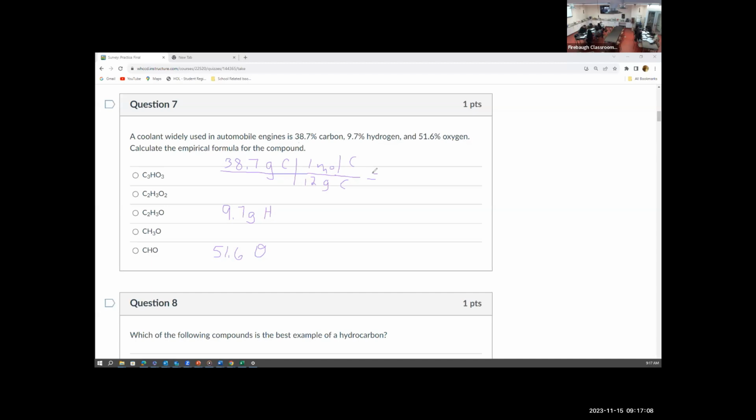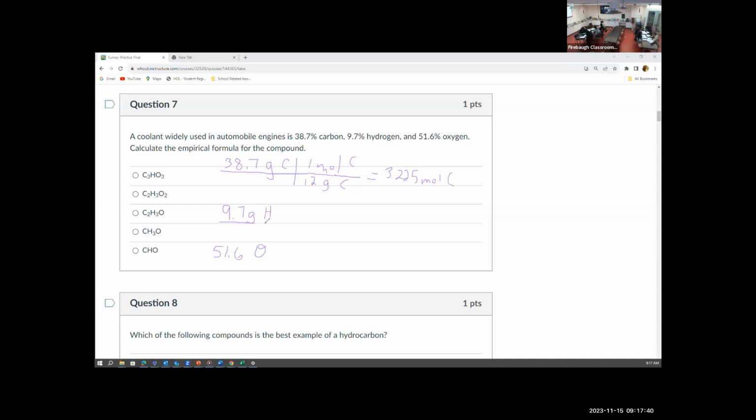So if we go ahead and do that math, 3.225 moles of carbon.